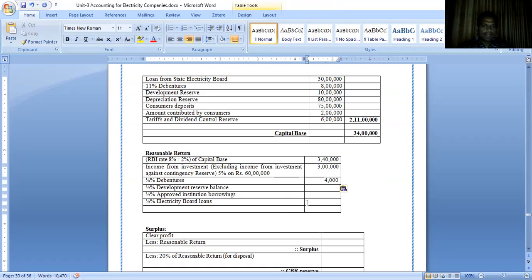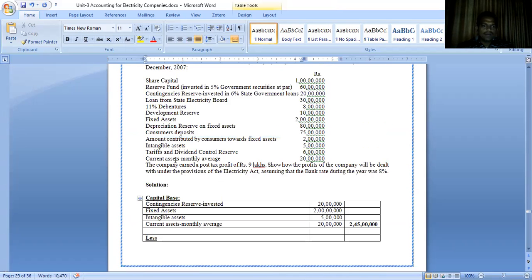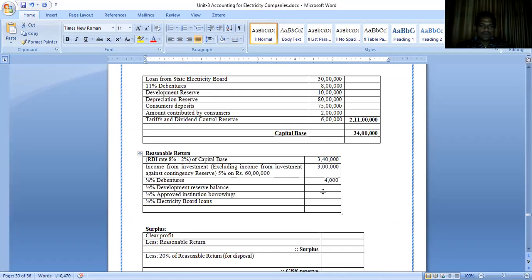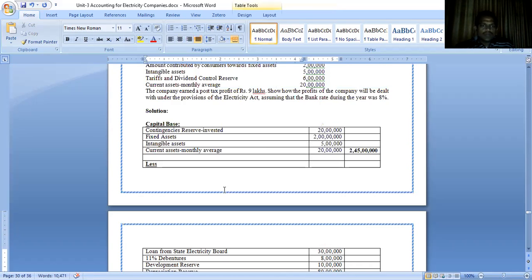And development reserve, 10 lakhs. 0.5 percentage on development reserve. That is 5,000. And approved institutional borrowings.